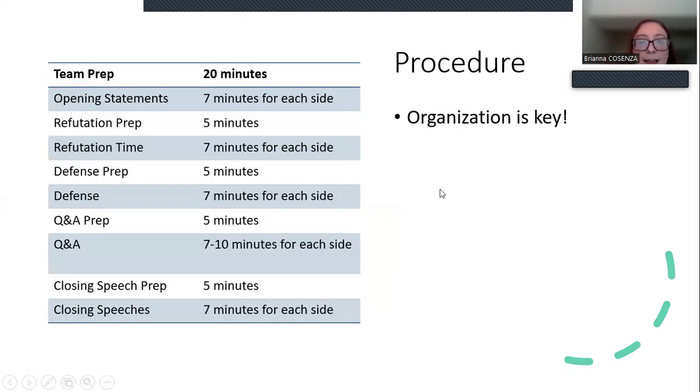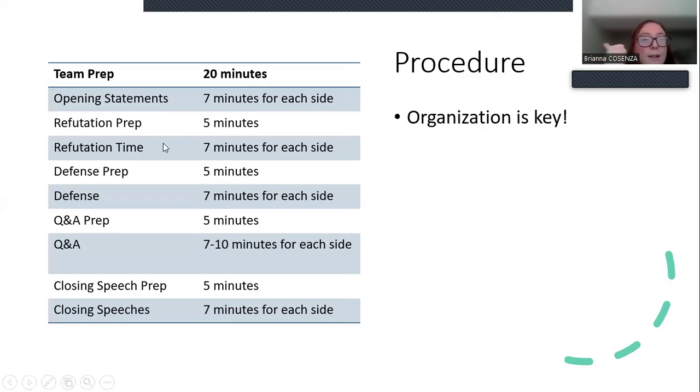And I find that it's very easy for a debate to become very confusing. So I like to keep everything organized. So I will have slides that will give which side is speaking, and then the time limit.